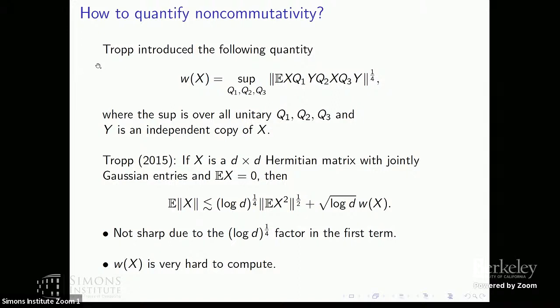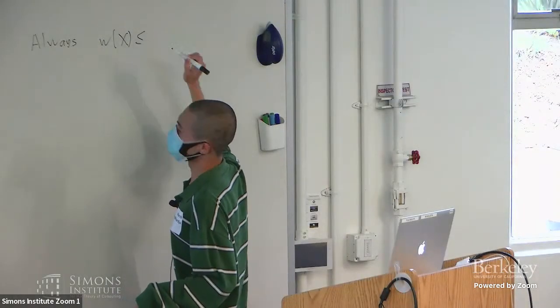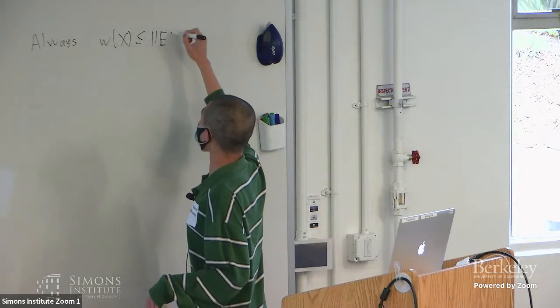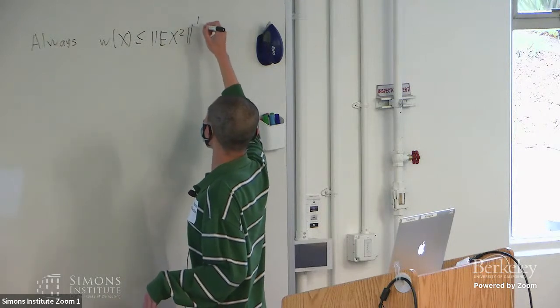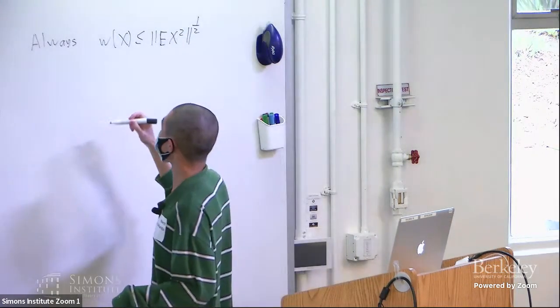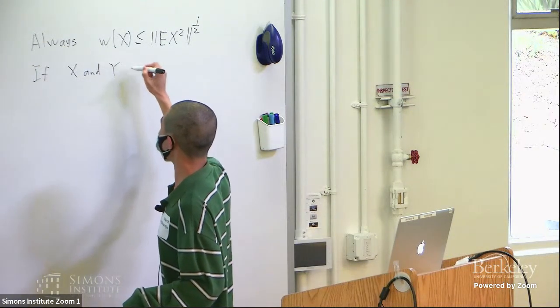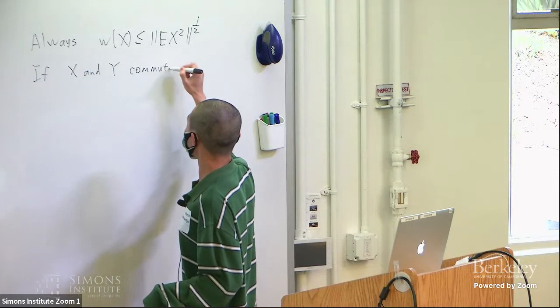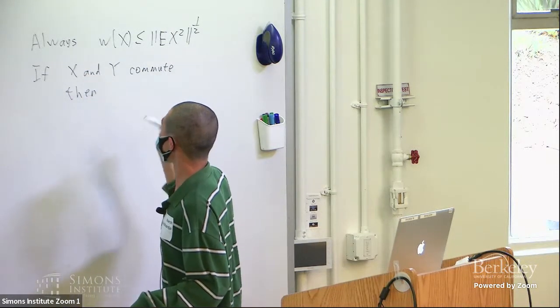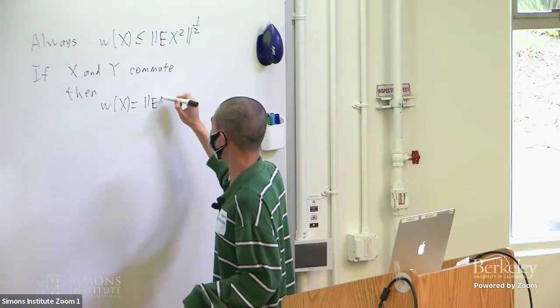Okay, so let's see. First of all, always Wx is less than or equal to ex squared to the power this. Second, if x and y commute, then Wx is equal to this.